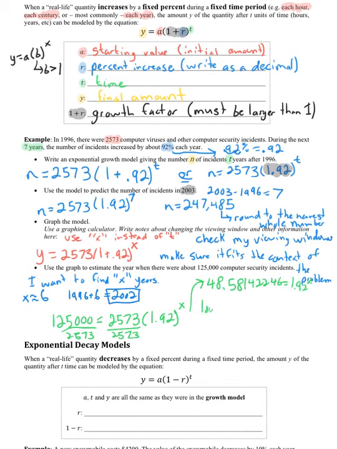And then we can log both sides. And the x will drop out front, and we get log of 1.92. And then we can divide both sides by log. So we'll do log of this answer. I'm trying not to round because I want to keep this as accurate as possible.